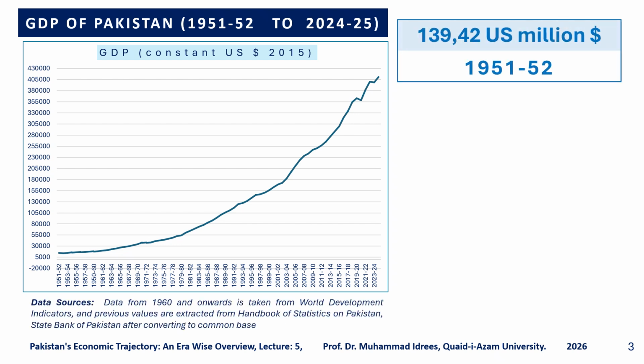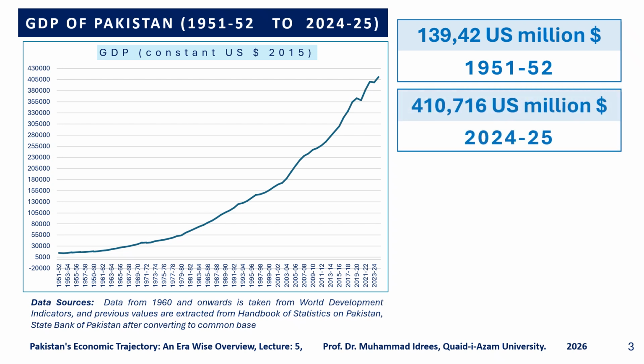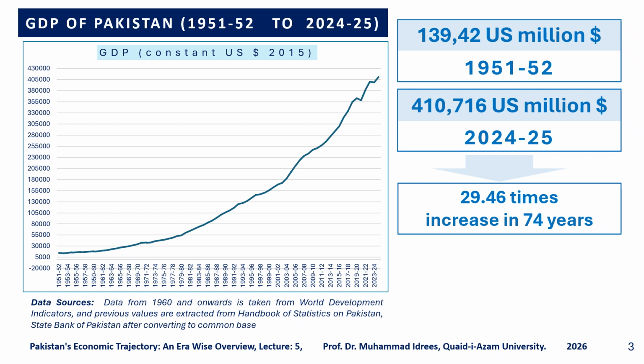For instance, in 51-52, the GDP of Pakistan was 13,942 US million dollars. And after a period of 74 years, that is in 2024-25, this figure jumped over 410,000 US million dollars. This indicates that during a period of 74 years, the real GDP of Pakistan increased by 29.46 times.